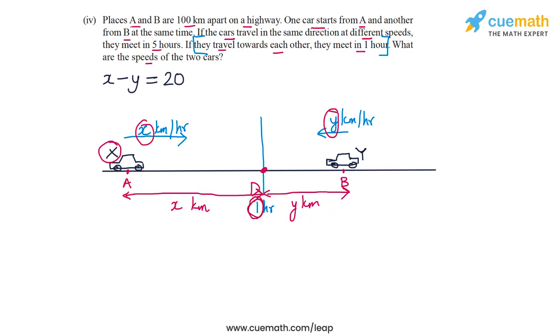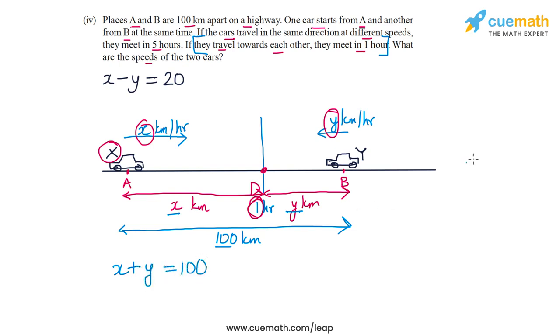And we also know that the total distance between A and B is equal to 100 kilometers. So the equation that comes up is quite straightforward: x kilometers plus y kilometers should be equal to 100 kilometers, or x plus y should be equal to 100. So this is the second equation that we get in x and y.